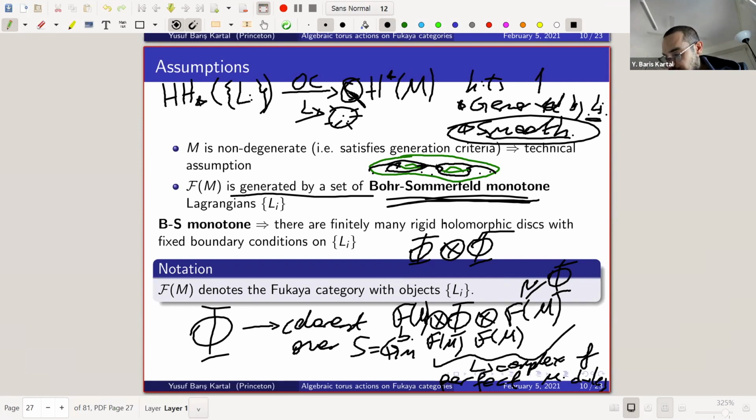I mean the set of Li. In general, it's 2g plus 1 curves. Does that actually generate the entire Fukaya category?